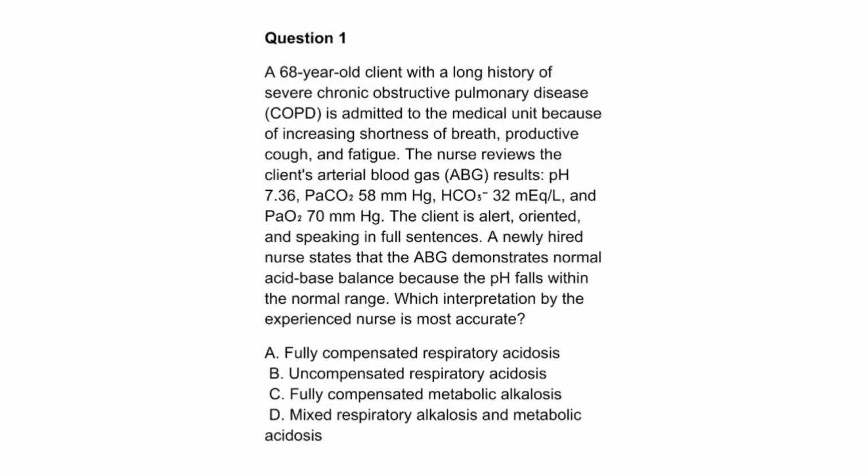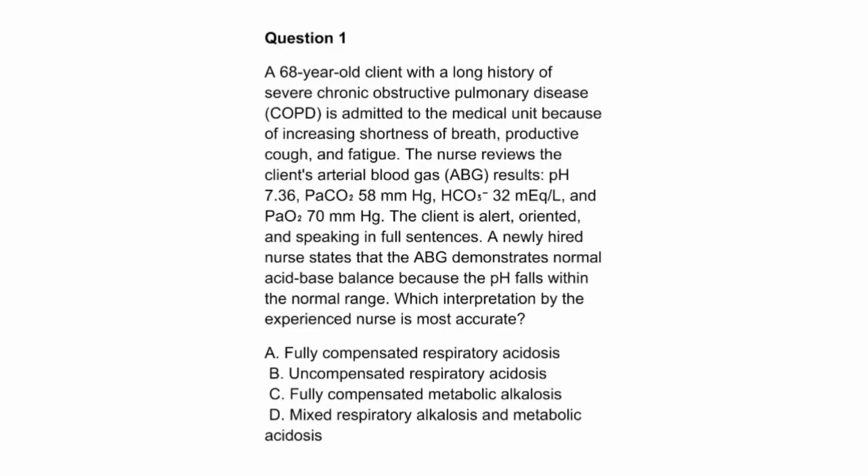The client is alert, oriented, and speaking in full sentences. A newly hired nurse states that the ABG demonstrates normal acid-base balance because the pH falls within the normal range. Which interpretation by the experienced nurse is most accurate?